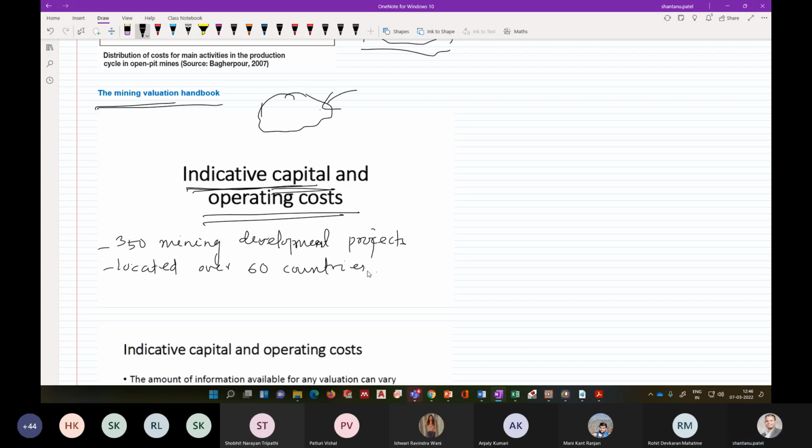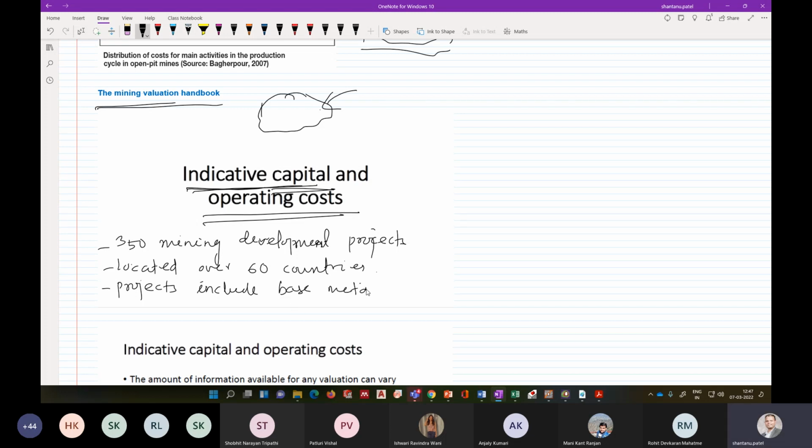So he compiled the data from different types of projects. Projects include base metal.